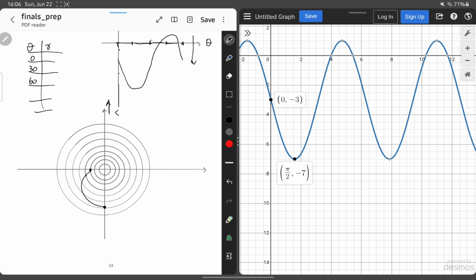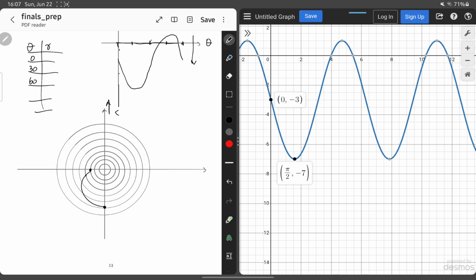Now, symmetry demands from pi by 2 up till this point somewhere over here, I think, where you get a -3 again exactly. I cannot pinpoint it per se, but you know that there would be the 0 point over here as well, which would be at pi. Okay, so at pi it should be, or 180 degree, it should again be -3.